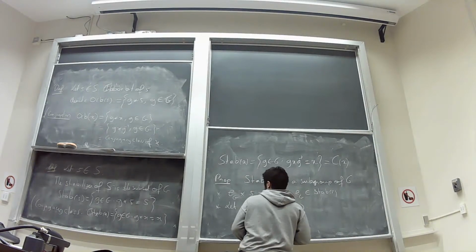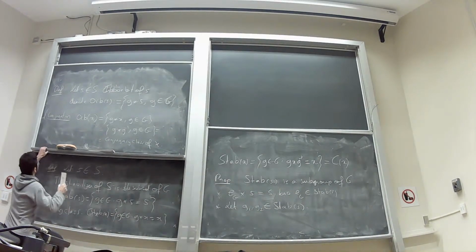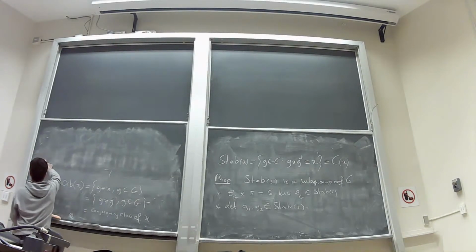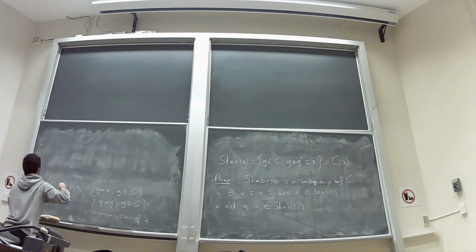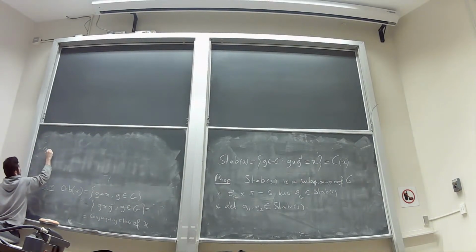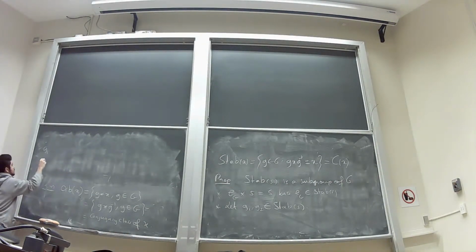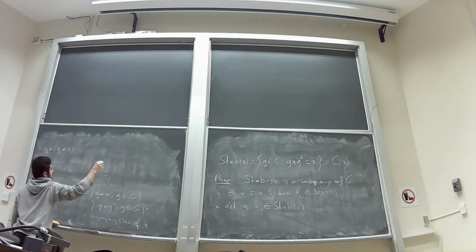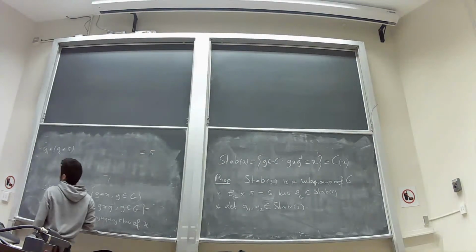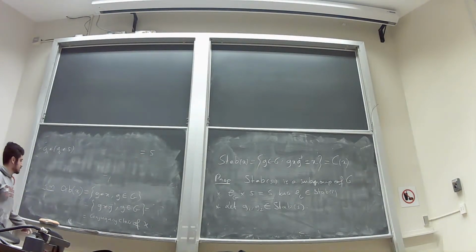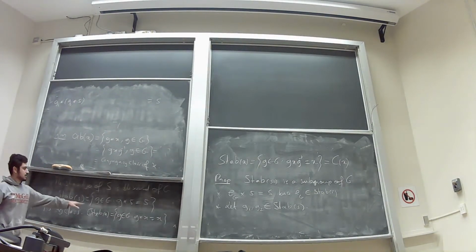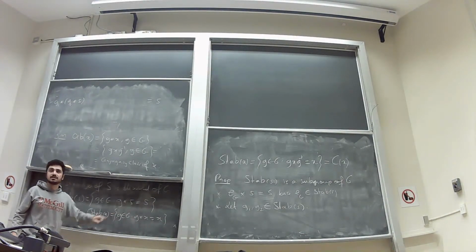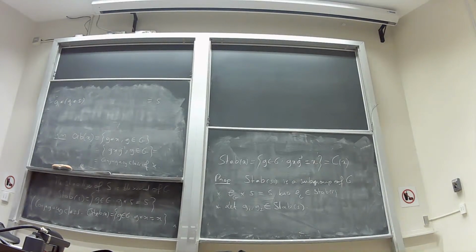I need to show that G1 star G2 belongs to stab S. So I need to show that G1 star G2 star S is equal to S. Now G2 belongs to stab S. Look at the definition of stab S: it's the set of G in the group such that G star S is equal to S. If G2 belongs to stab S, what is G2 star S?